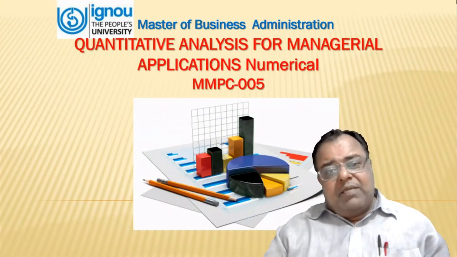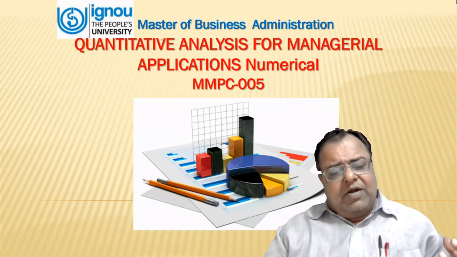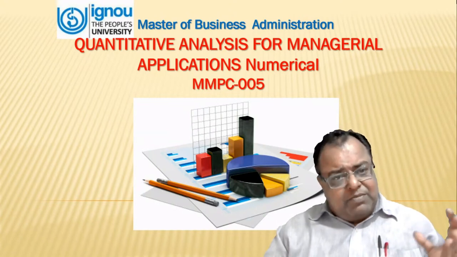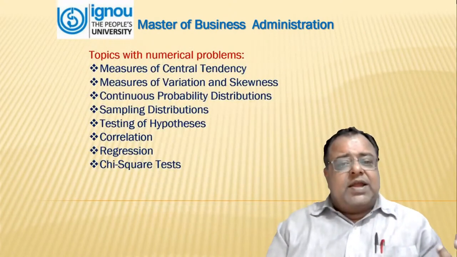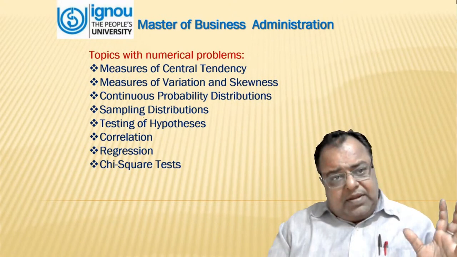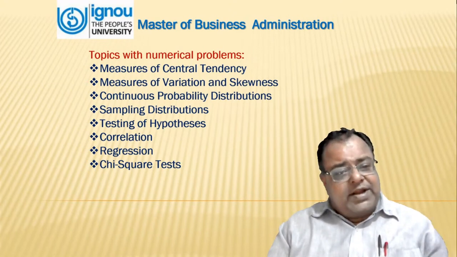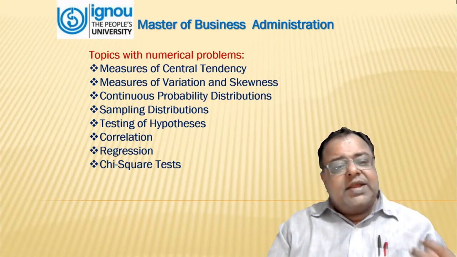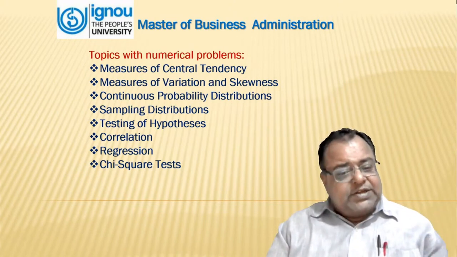And now, moving further, I will be moving specifically on the numericals, which is the most important part of the subject. The topics which are important as far as your numerical portions are concerned are related to measures of central tendency, measures of variation and skewness, continuous probability distributions, sampling distributions, testing of hypotheses, correlation, regression, and chi-square test.